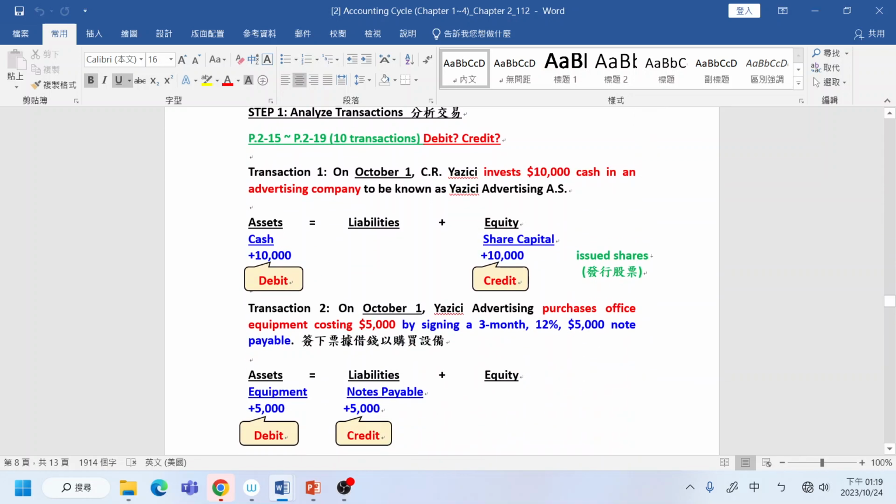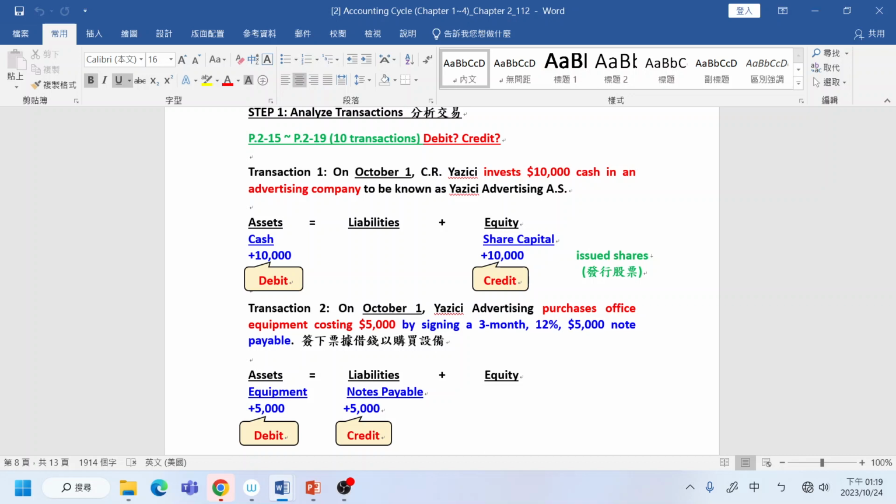Chapter 1, analyze transactions. After we find out our cash increase, share capital increase, right now in chapter 2, we are going to write down the transactions. How to write down the transaction using the accounting way. That's why we should know if it is the debit side or credit side. Is it on your left or right?